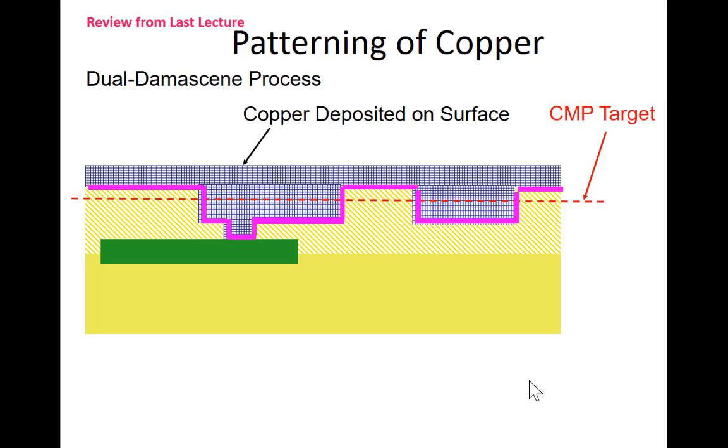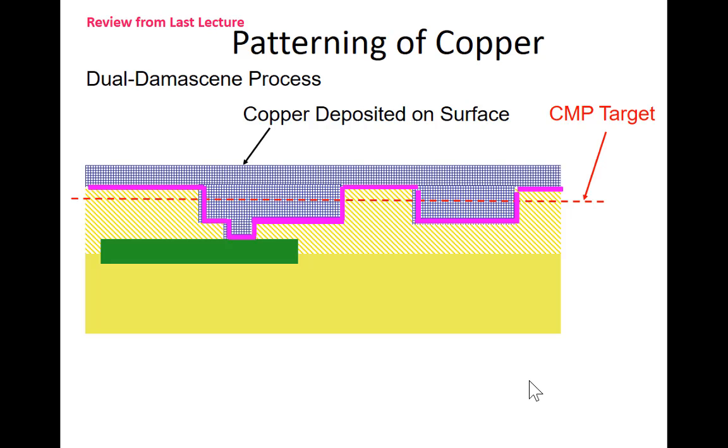What's the major reason we can't do the same thing with copper that we did with aluminum? Electromigration. No, electromigration is the benefit of copper. It's a little bit less effective than aluminum. But why couldn't we use the same processing steps we used for processing aluminum? Yes? Well, you need to have the metal barrier.